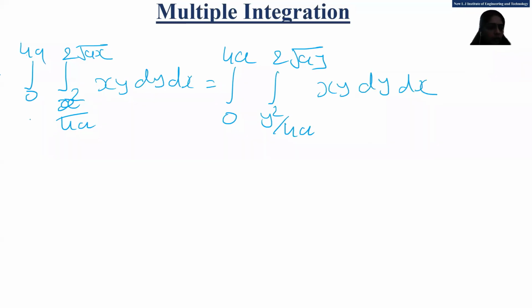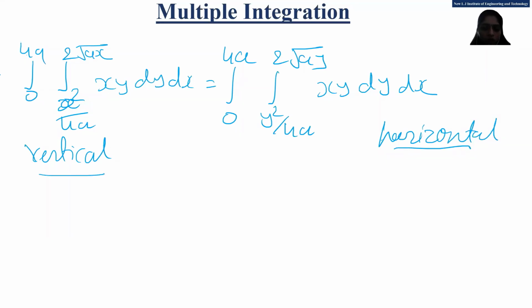So we convert this vertical strip into the horizontal strip. Now you have to do the integration by yourself, and your answer will be 16 by 3 a square. Okay, students?